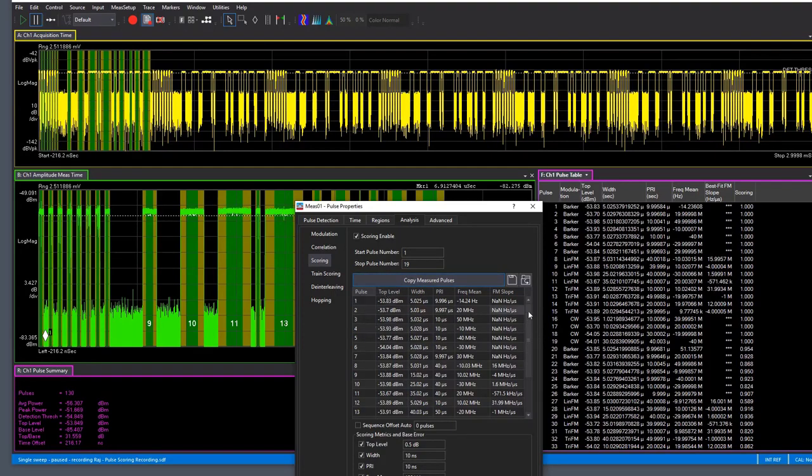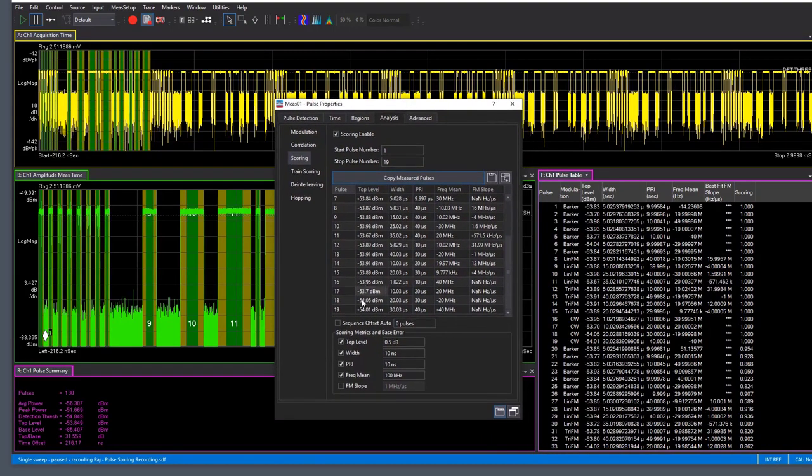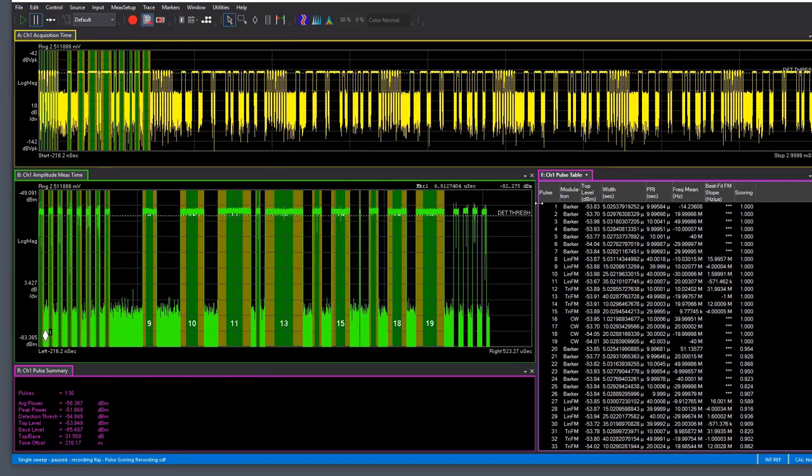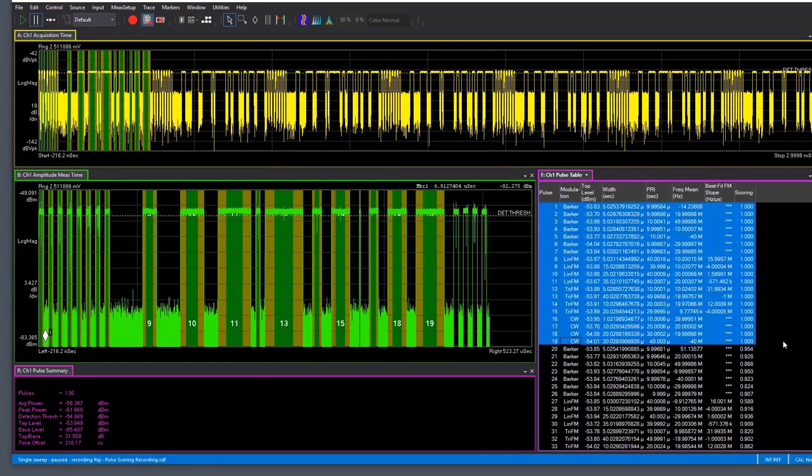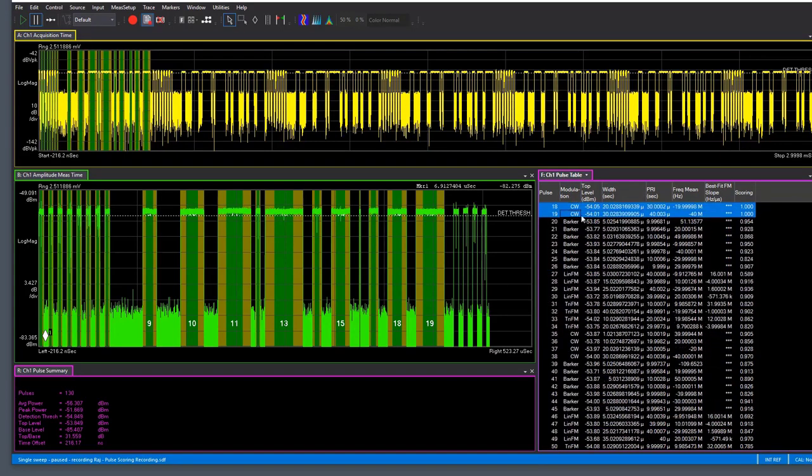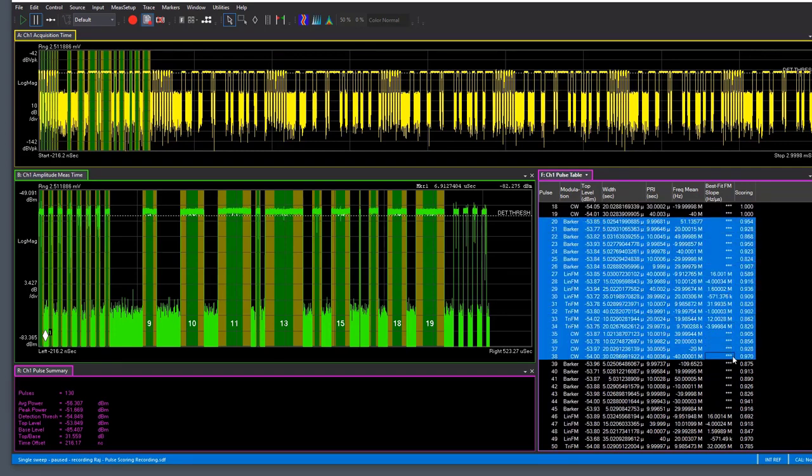So now we have pulse 1 through 19 as our references, and we're scoring them based again on amplitude, width, PRI, and frequency. So if we go back to our pulse table here, we can see pulses 1 through 19 all score 1 because we're measuring our reference compared to our first 19. And then we can see that 20 through 39 are all high again.